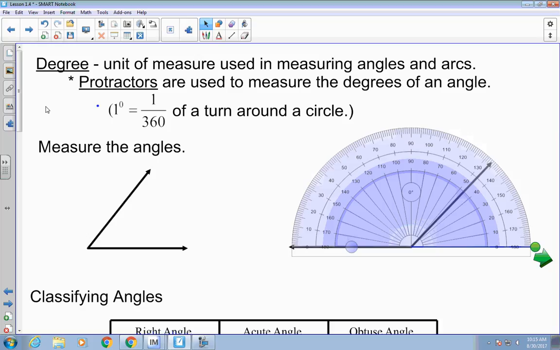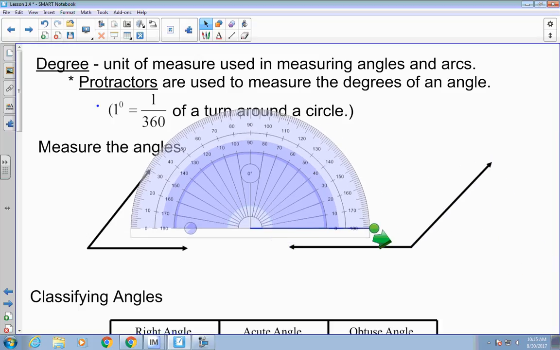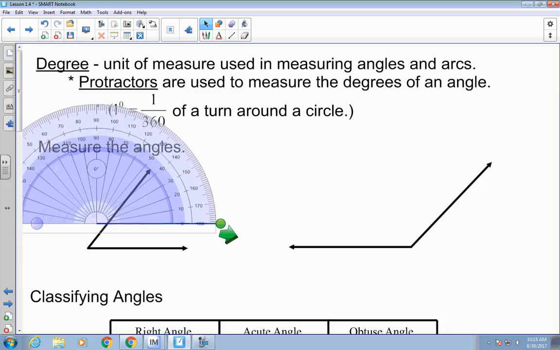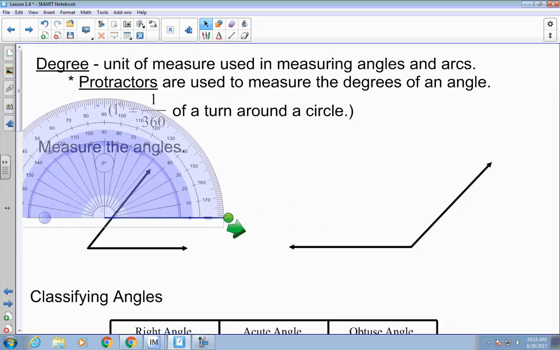So if I'm going to measure, sometimes before I even measure, I need to extend one of the rays so that it'll go across the number part of the protractor. Okay, so sometimes that is necessary. All right. So what you do when you measure is you take, and some protractors have a little crosshair. Yours has a gold circle.